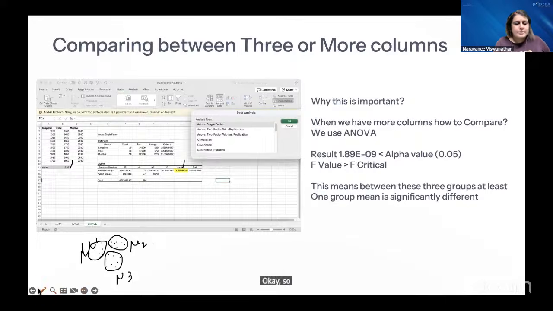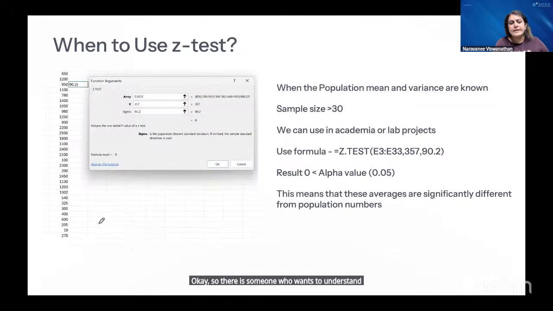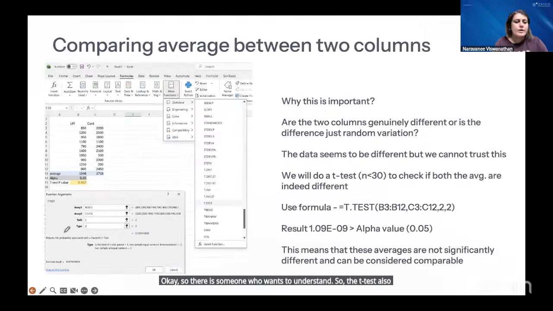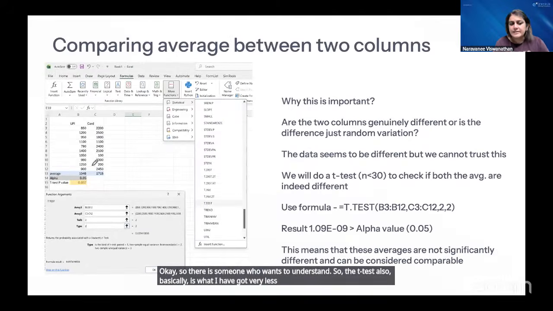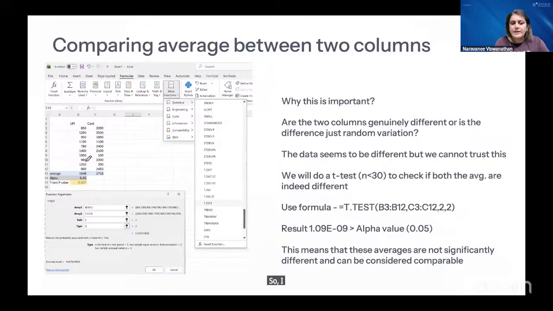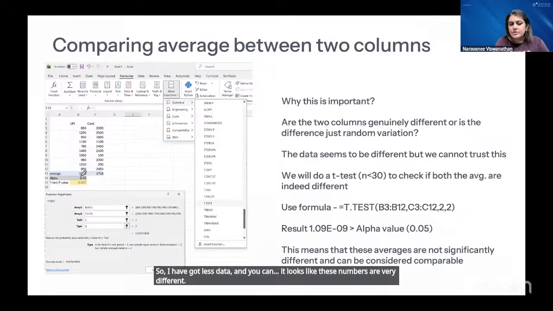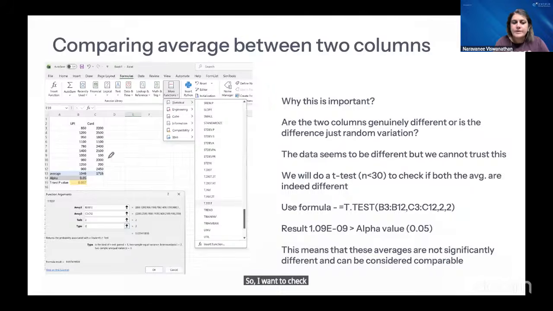Okay, so there is someone who wants to understand. So the t-test is basically for when I have got very little data, right? It looks like these numbers are very different, so I want to check whether they really are. If you see my screen, I have got some 10 different data points of UPI and card. The UPI average is 1046. Card average you can see is 1715.